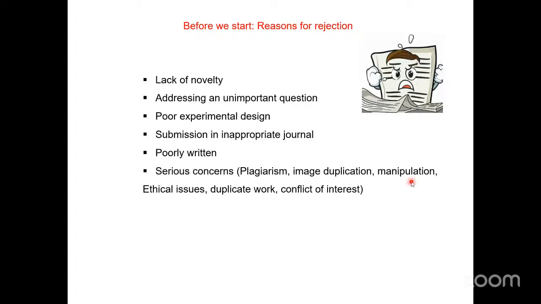These are all very serious conditions, and we should be aware of these things. Even if you are a supervisor supervising students, you need to check the data by yourself.